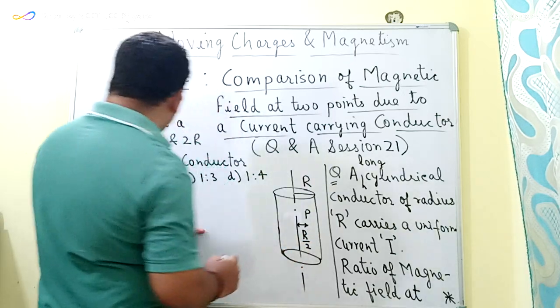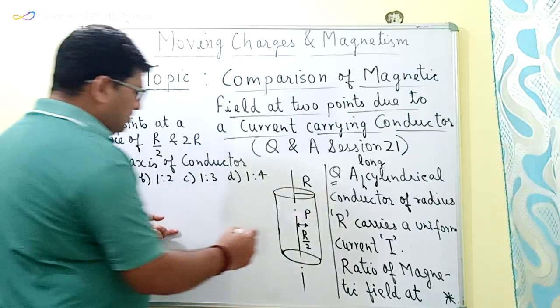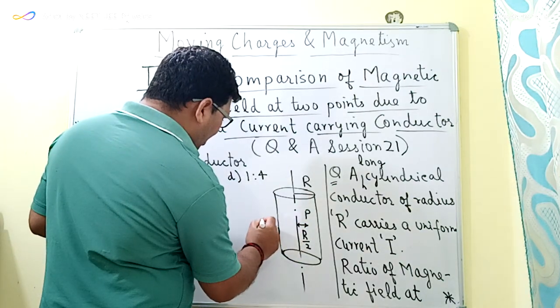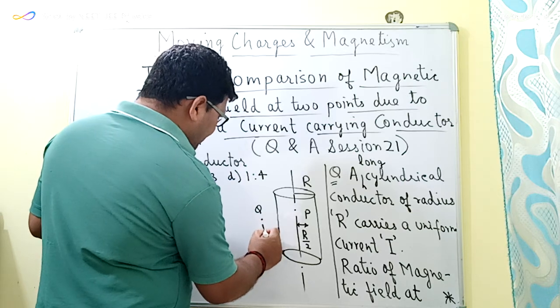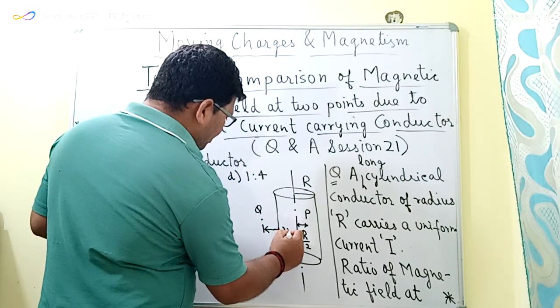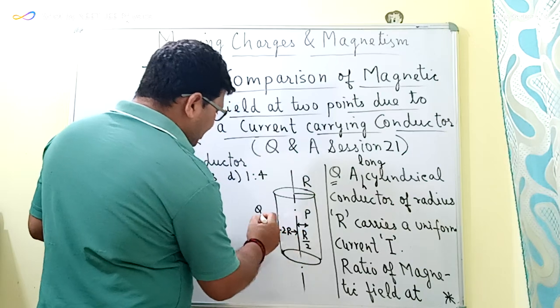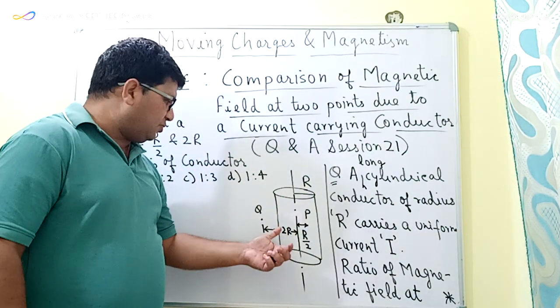And there is another point which is at a distance of 2r from the axis of the conductor. So 2r means this point will be outside the conductor. Let us say this is the point Q. Its distance from the axis of this conductor is equal to 2r.